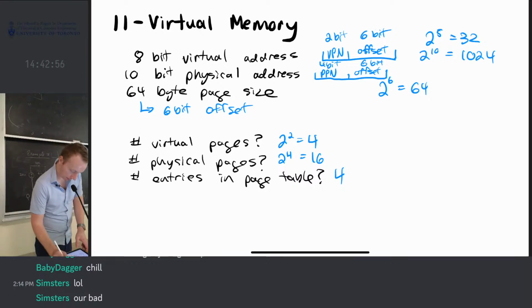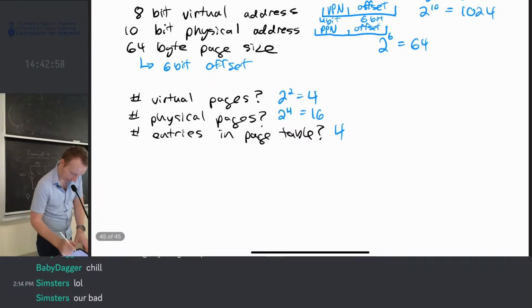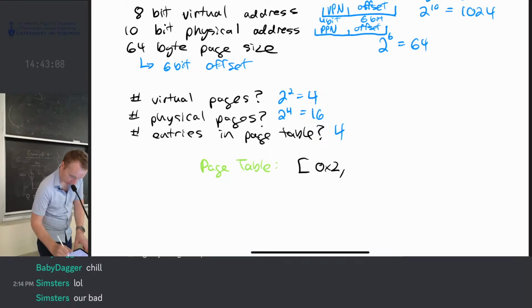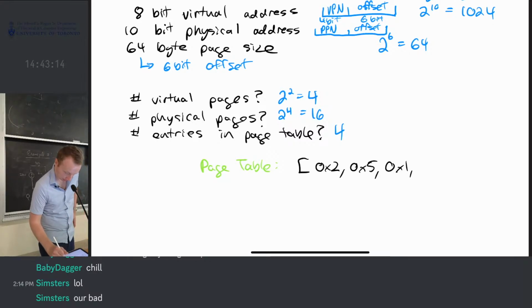Then the next part, it says, hey, here is a page table. And we'll write it out in hex. And these are all physical page numbers. And then I'll write in blue under them what the VPN, the virtual page numbers, are.